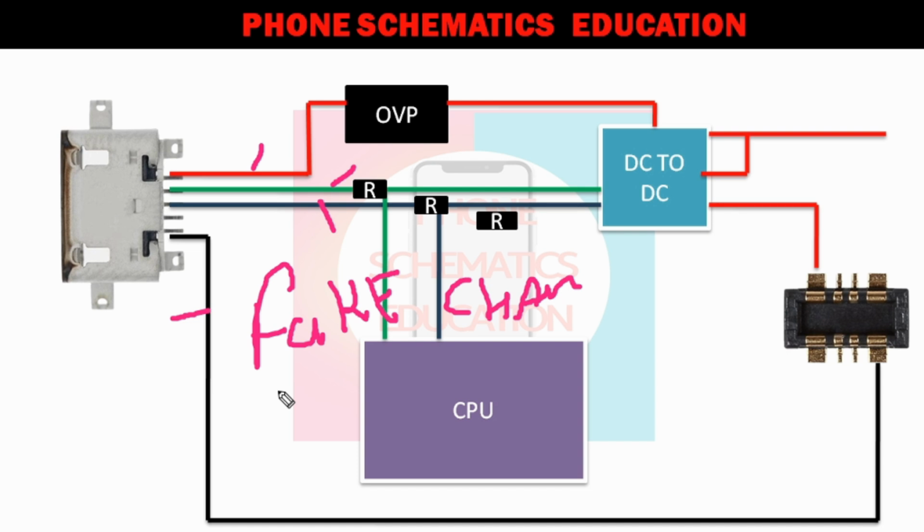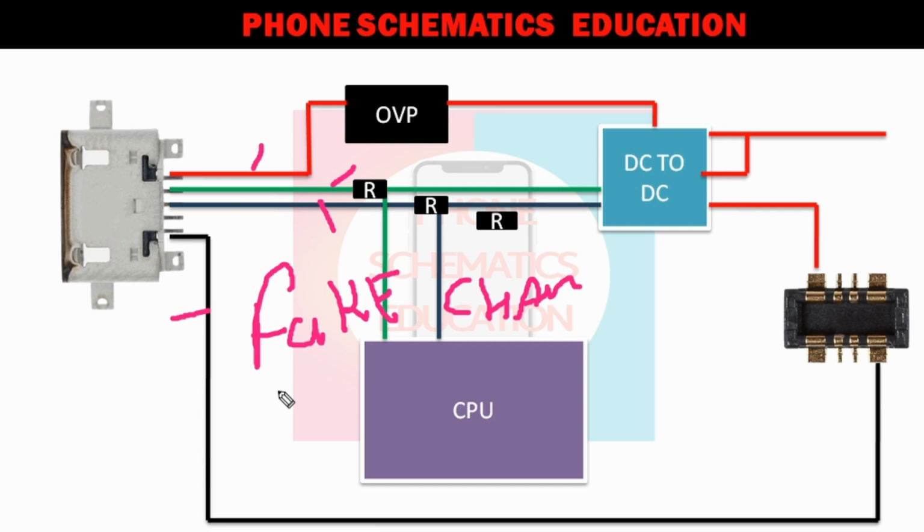But when you look at an ampere meter, you will see your phone first takes, let's say, 0.6 ampere. After that, it drops back to 0.543, 0.2 milliampere.